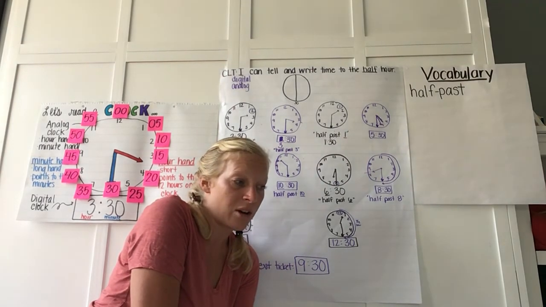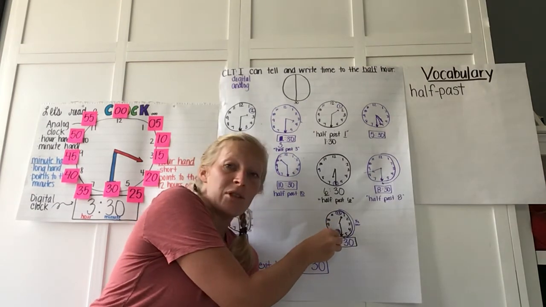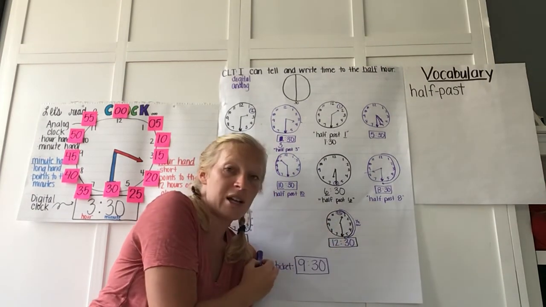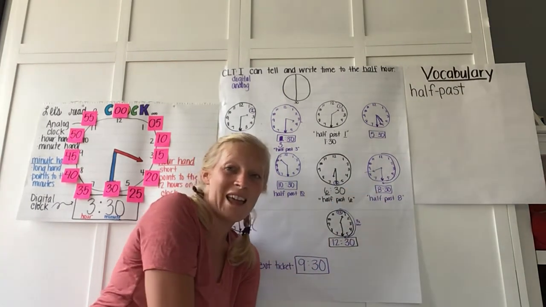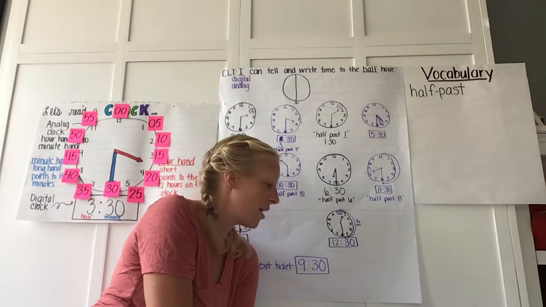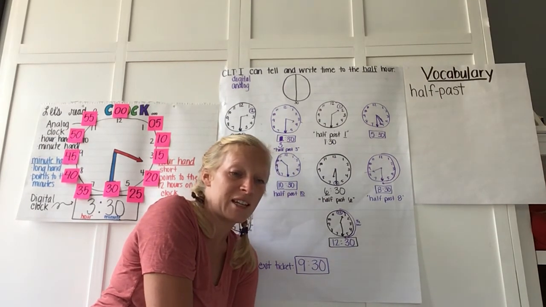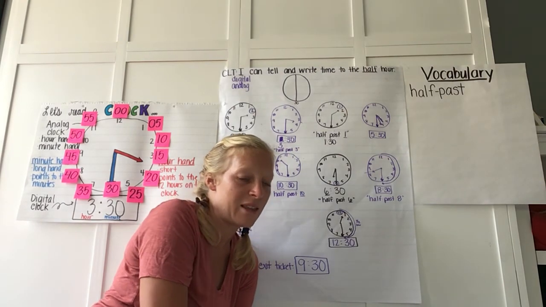Go ahead and start thinking about that. Remember, if the analog time is drawn, you're going to write the digital time. And if the digital time is drawn, you're going to draw the hands on the clock. All right, get ready to turn those exit tickets in, and you are off. I cannot wait to see how you write these times.